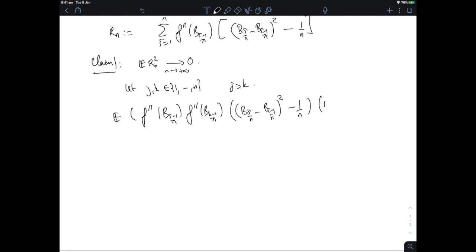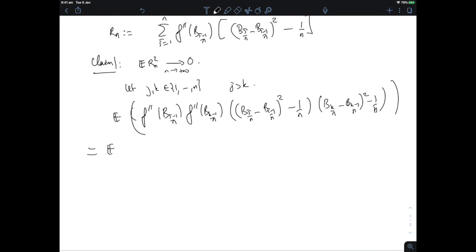As always, the expectation is equal to the expectation of a conditional expectation, irrespective of what I'm conditioning upon. So I'm going to condition on F_{(j-1)/n}.